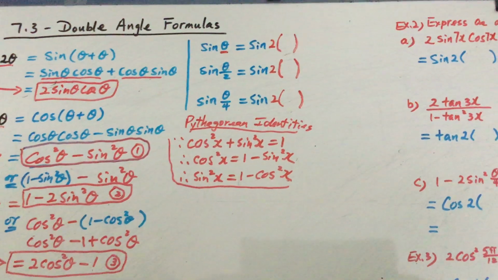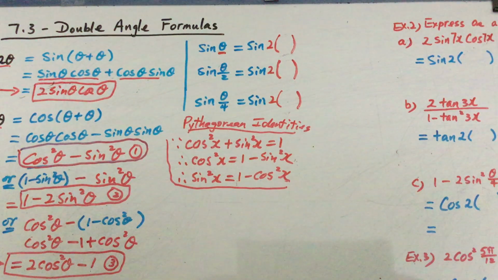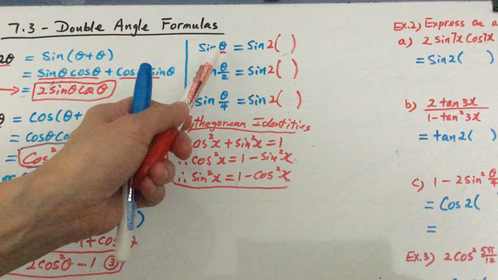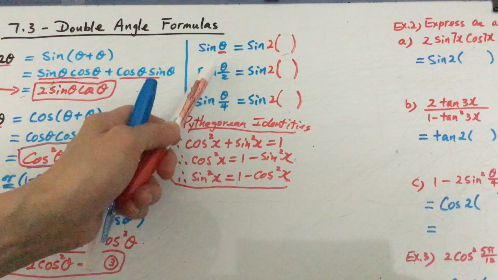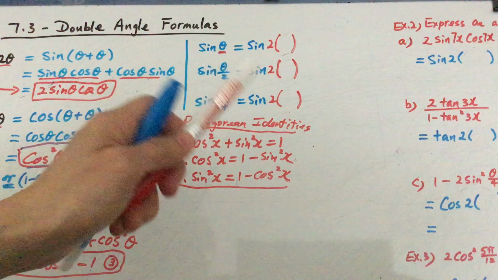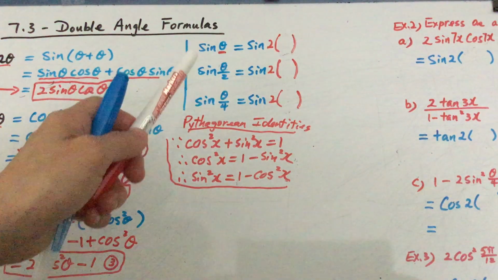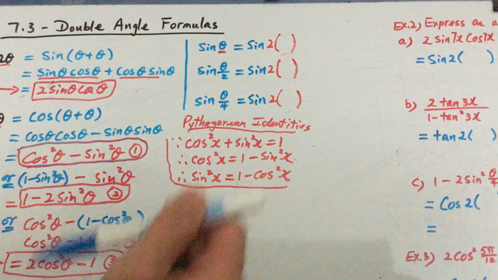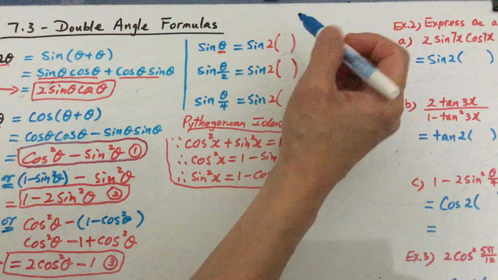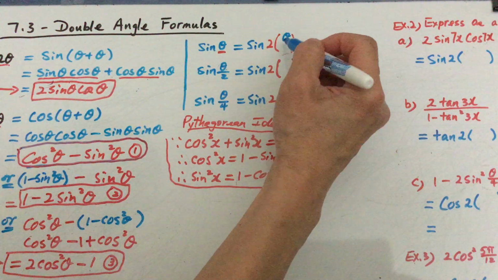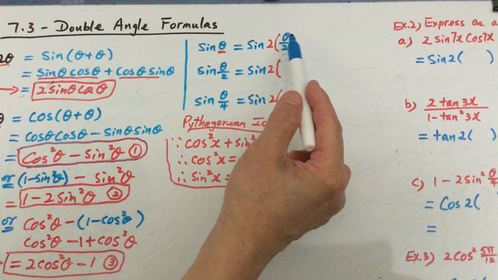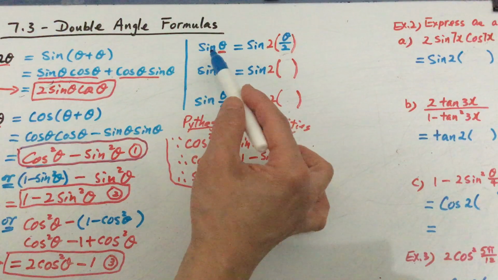Before I show you some examples, I would also like to remind you that sometimes we have to rewrite an angle such as theta or theta over 2 or theta over 4 in double angle format, and then we need to use a replacement. When you have sine of 2 theta over 2, you will end up with sine theta.